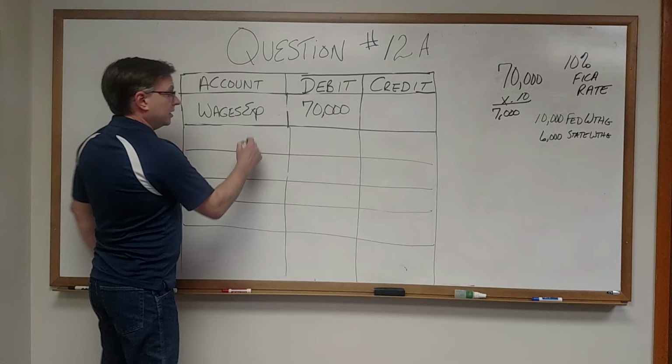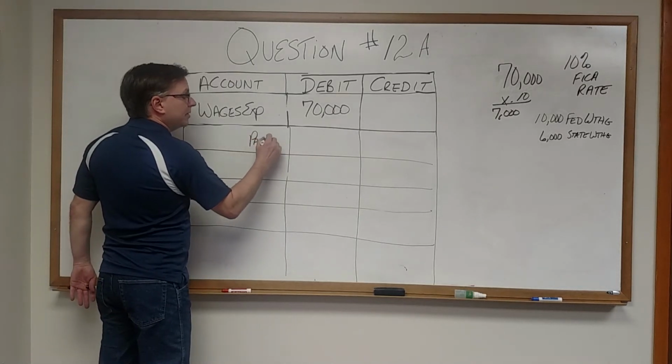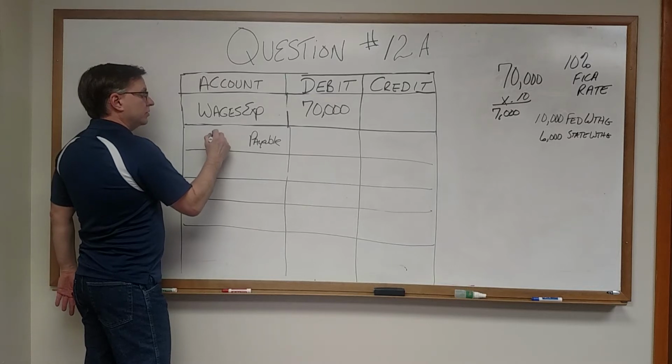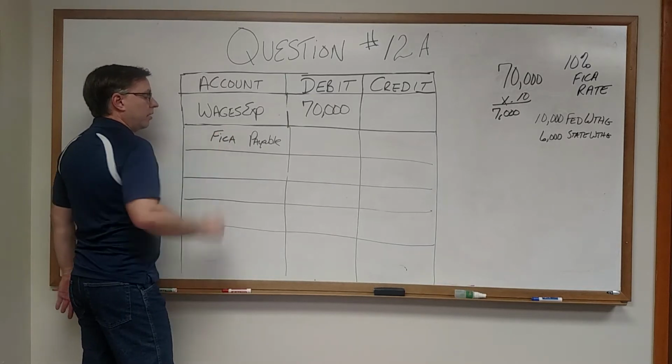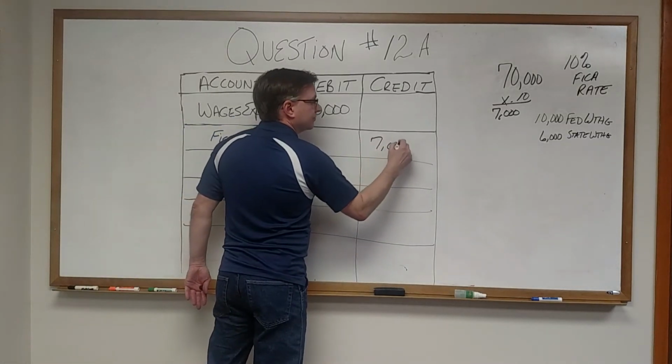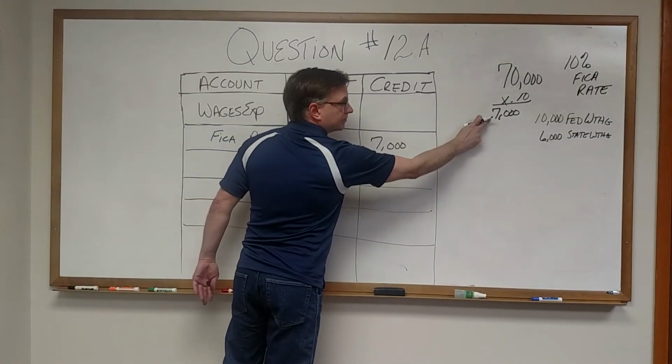But we haven't paid it yet, so it's a payable, a liability that is owed to the government, and that is Social Security, or what we call FICA payable. That's $7,000 based on our calculation.